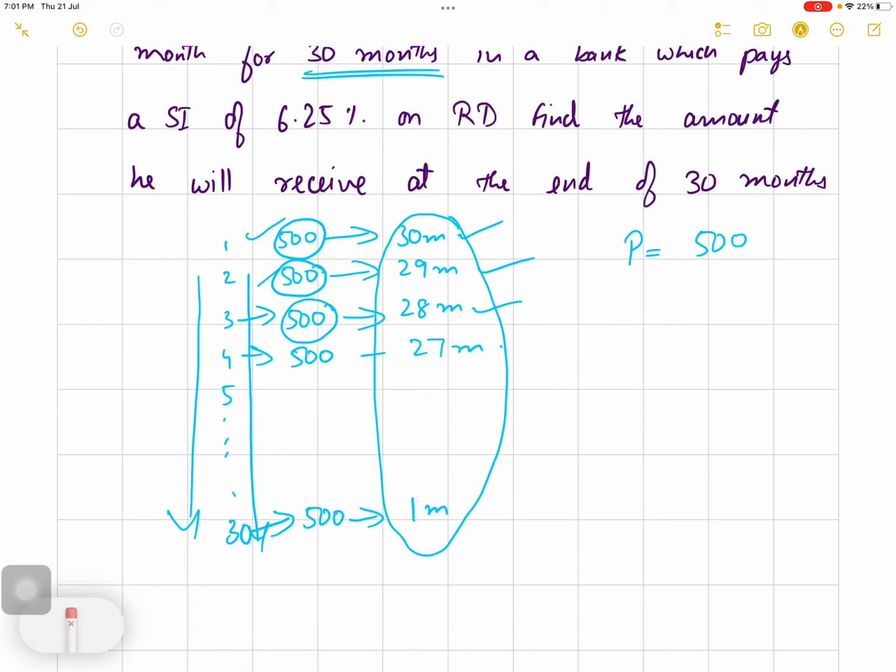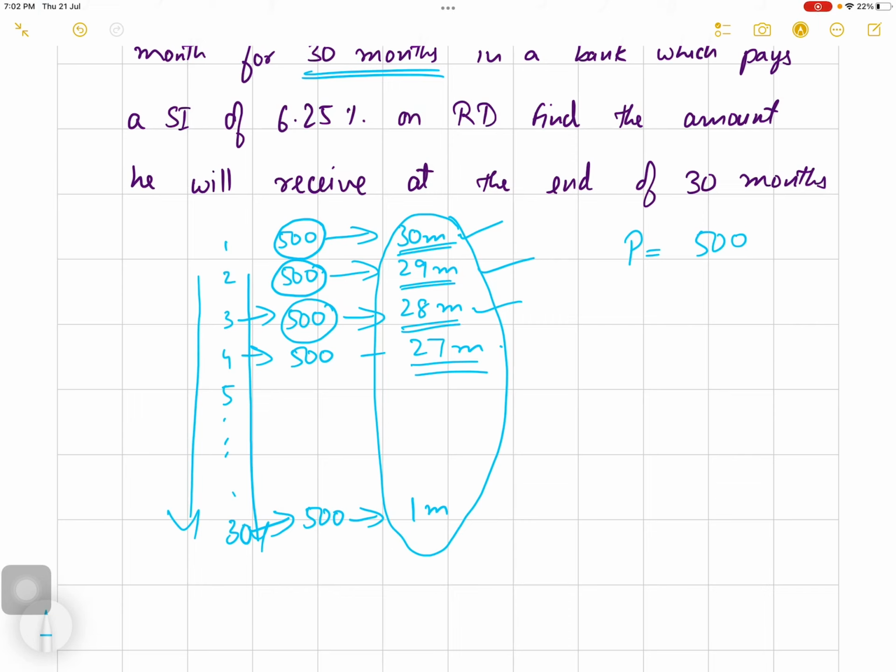Fine. So instead of calculating that way, we'll consider, suppose he is investing 500. On that 500, for how many months is he receiving interest? The first 500 he is receiving interest for 30 months, the second 500 for 29 months, the third 500 for 28 months, the fourth 500 for 27 months.